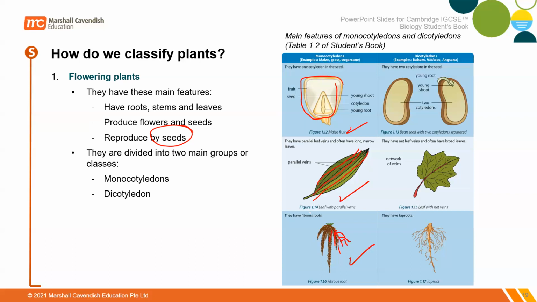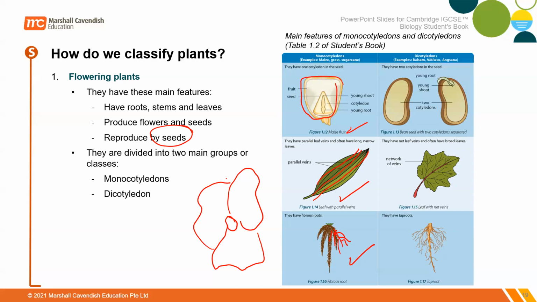For the flowers of monocot plants, the petals come in 3s or multiples of 3: 3, 6, 9, and so on. So if you have a flower in your hands and you count the petals and find 3 or a multiple of 3, this means you have a monocot plant.